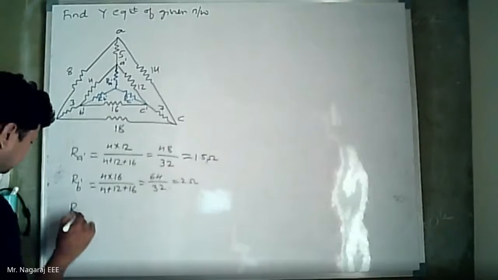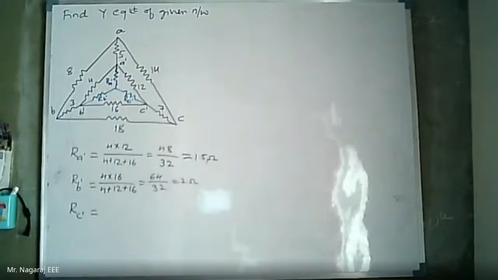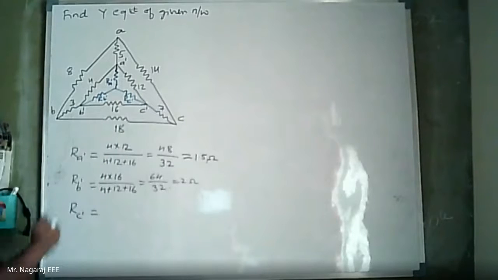RC dash is the product of the two resistances connected to C dash, divided by the sum of all three resistances.